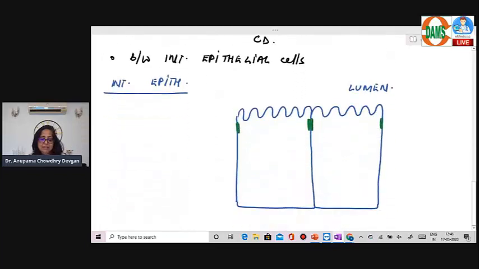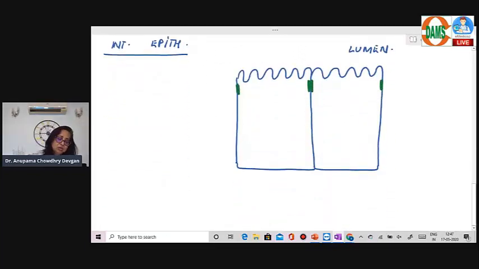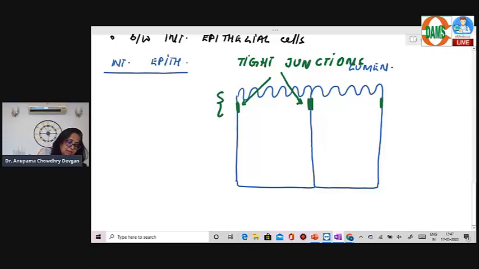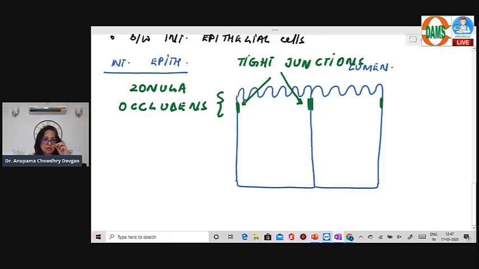In the intestinal epithelial cells, towards the luminal side, you have these tight junctions, and these form what is known as the zonula occludens.